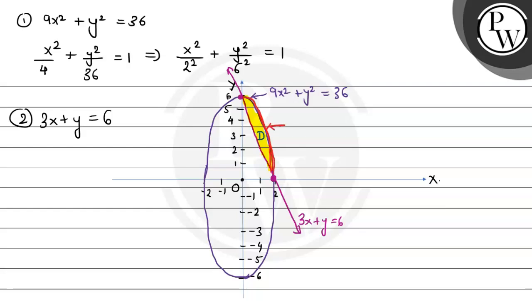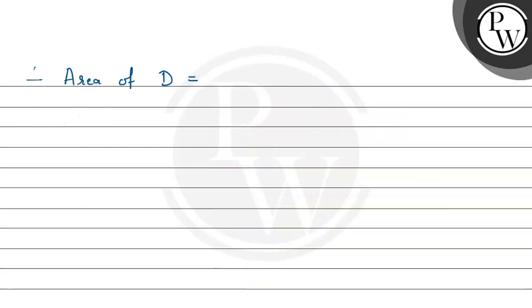And the equation of this portion is, since here we have y positive, so the equation will be y equals square root of 36 minus 9x squared.